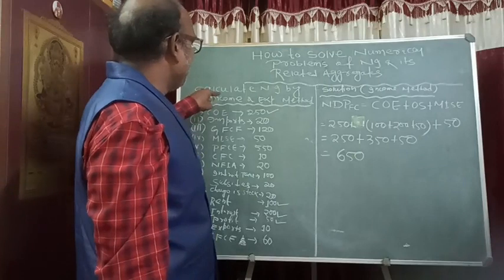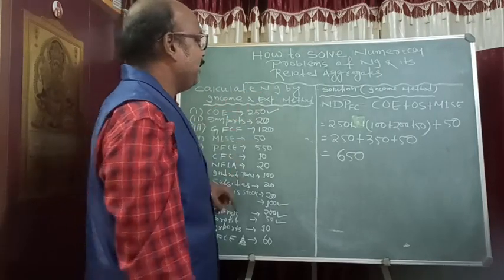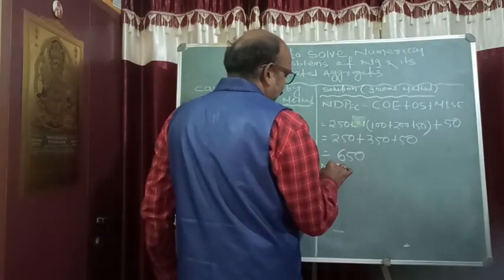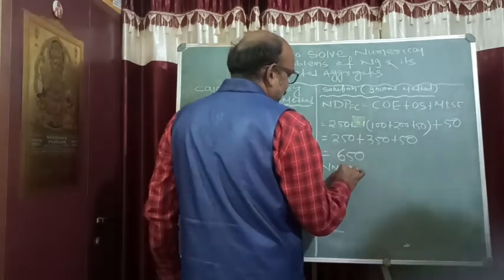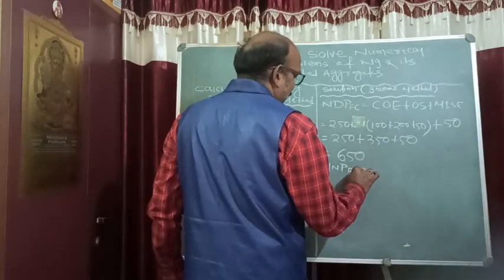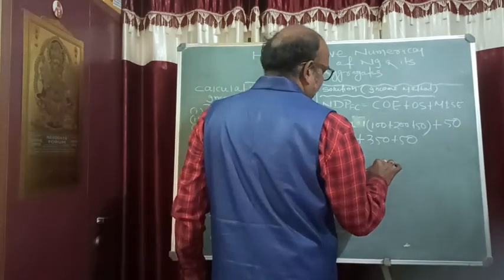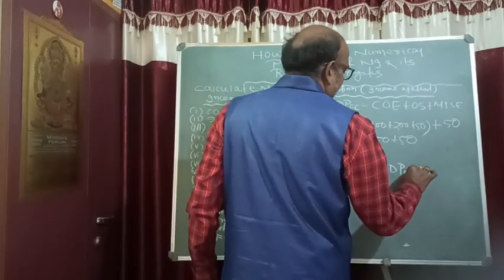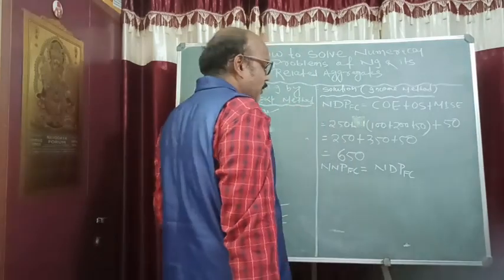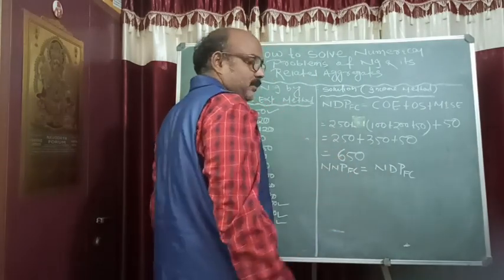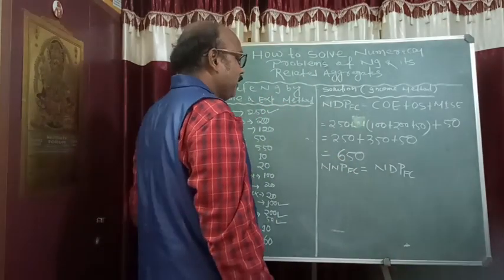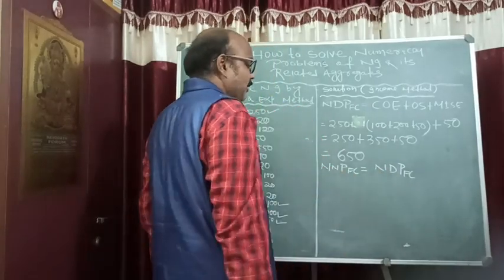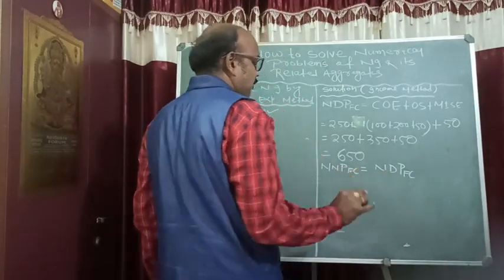But according to the question, you have to find out national income. And you know that national income is NNPFC. So NNPFC is required and NDPFC is given. So NN no change, factor cost no change.